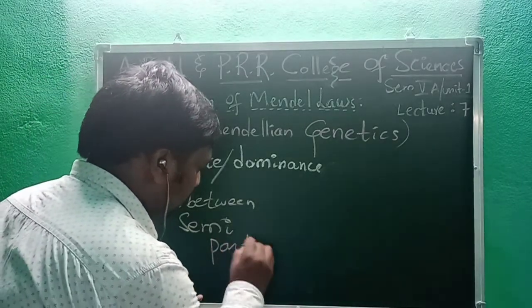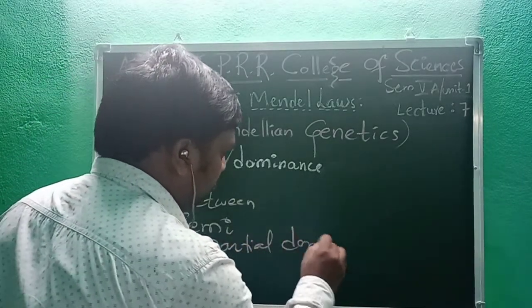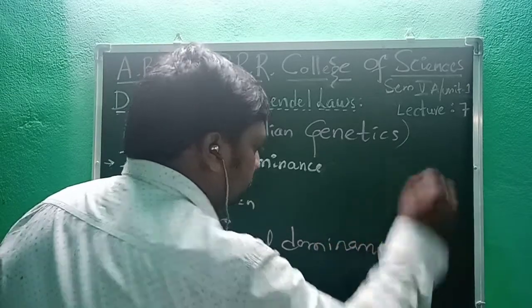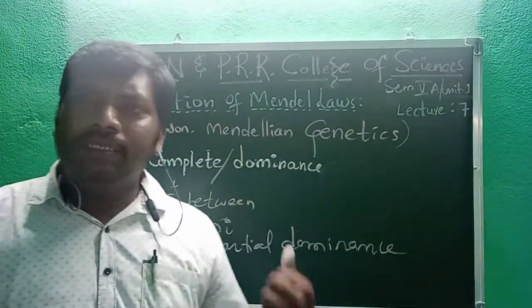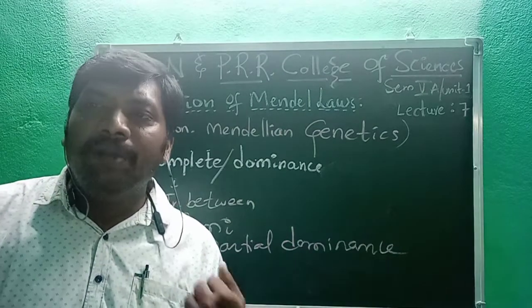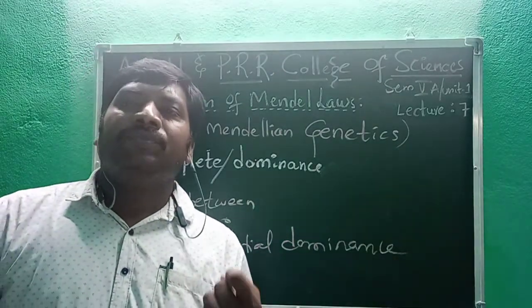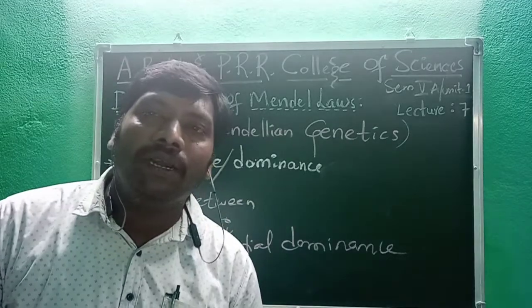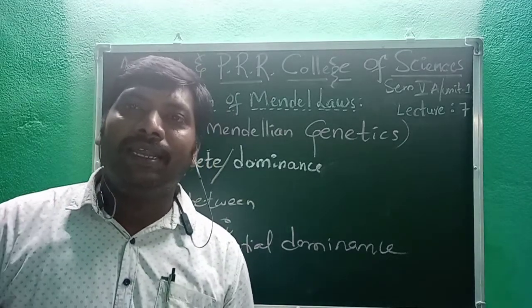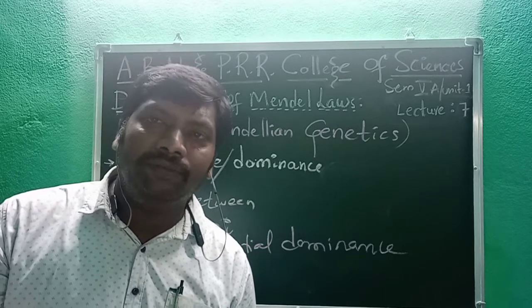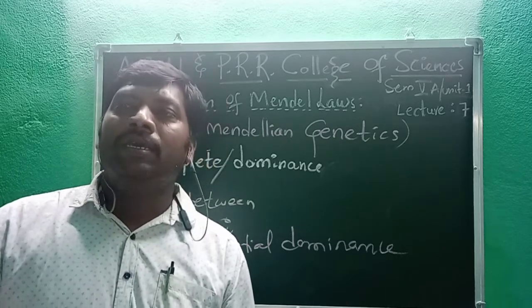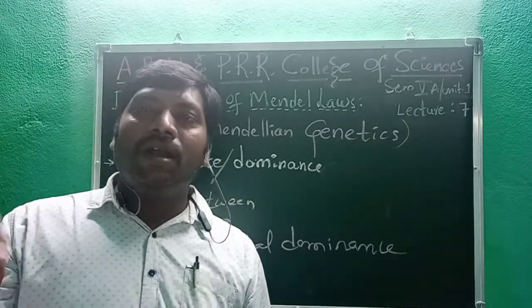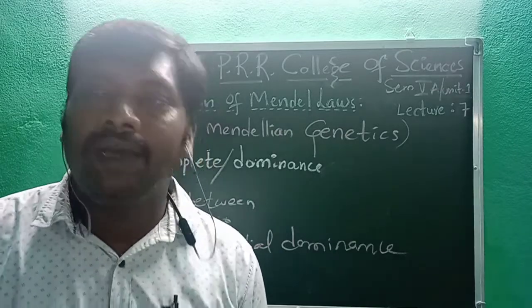In this incomplete dominance, it is the situation in which one allele is not completely dominant over another. Once again I repeat, in incomplete dominance, one allele is not completely dominant over another.